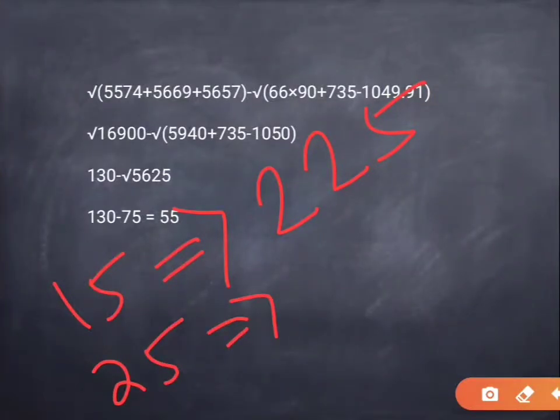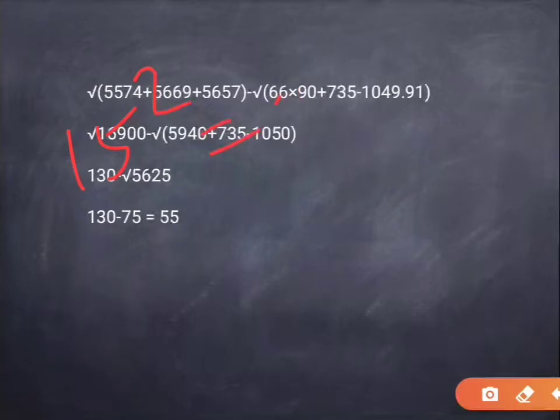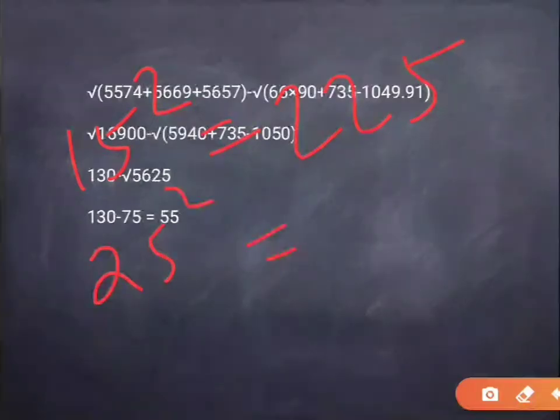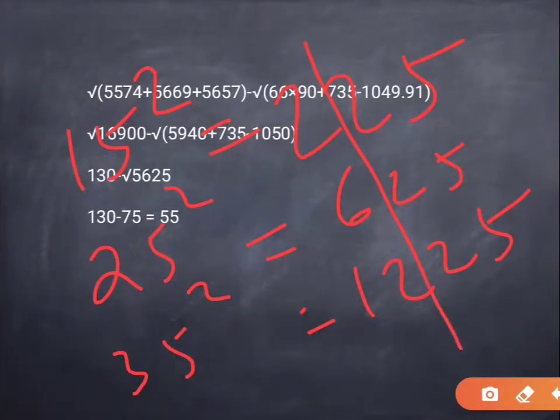What is the square? 625. Or 15 square is 225. 25 square is 625. 35 square is 1225. So see, what is common here?